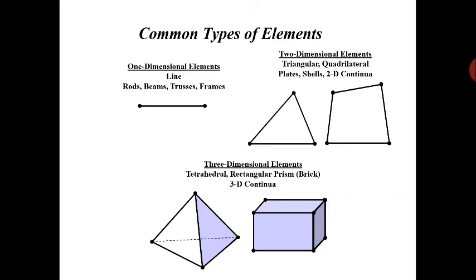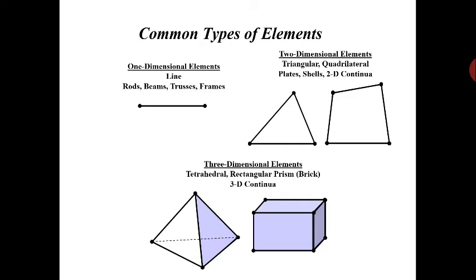What we have seen in the first slide, discretization means dividing the body into a number of finite elements, that may be of these types, like one dimensional elements, or we can say line elements. So bars, beams, trusses and frames can be modeled, or meshed, with this type of one dimensional elements.